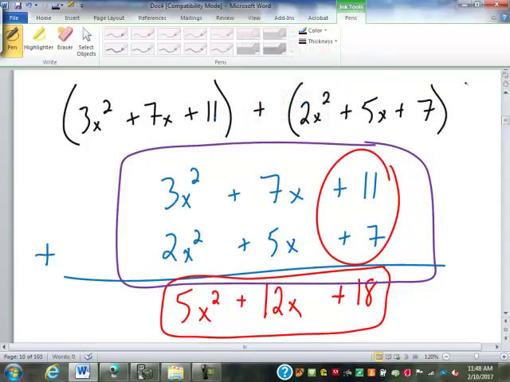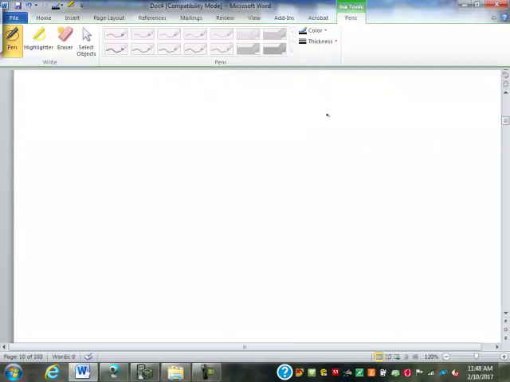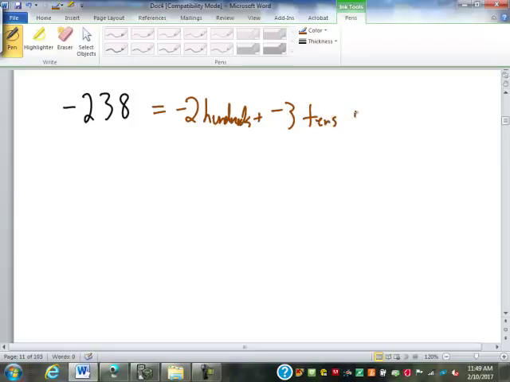Now I purposely made every digit positive here. It's a little more difficult when we start throwing in negatives. And that is another one of the differences between these algebraic numbers and whole numbers. If I have negative 238, that's a negative 200s and a negative 3 10s and a negative 8 1s.